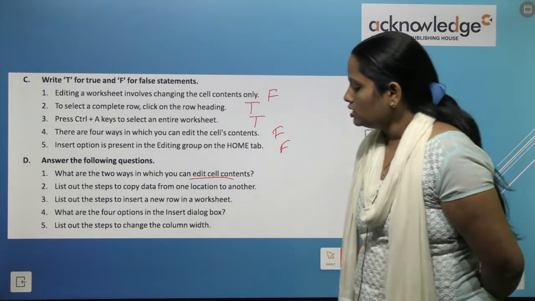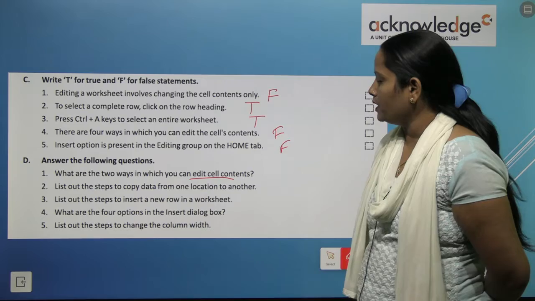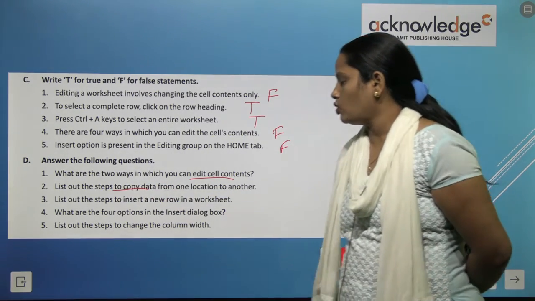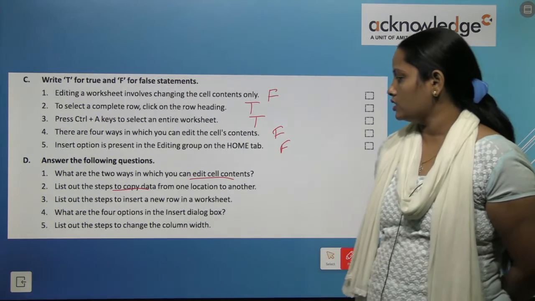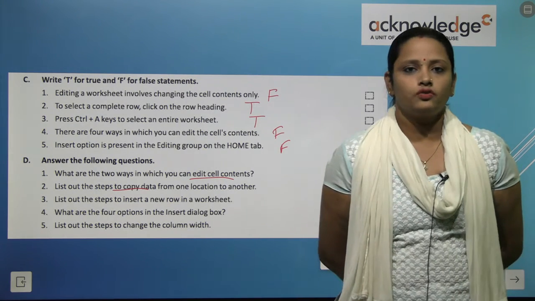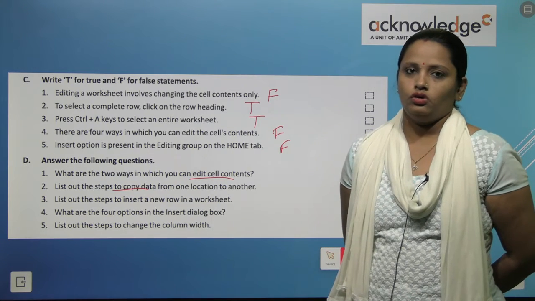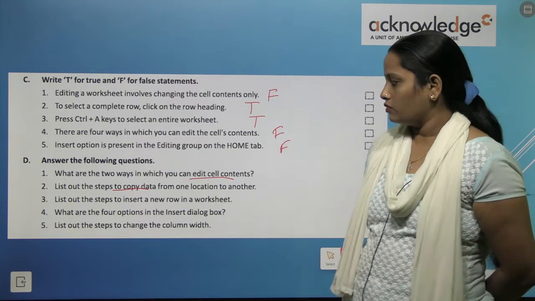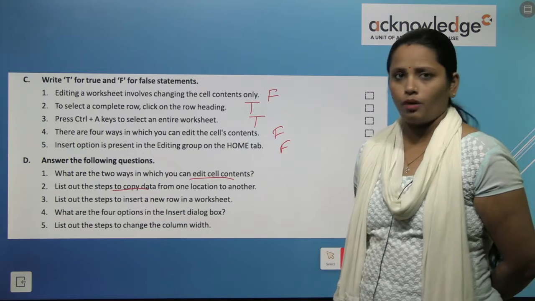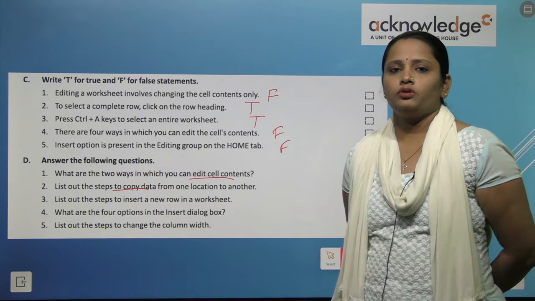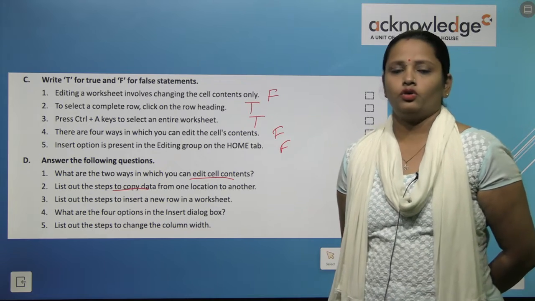List out the steps to copy data from one location to another. So the steps to copy data from one location to another is, first we have to select the cell or the row or the column that we want to copy, and then we have to go to the home tab in the clipboard group.